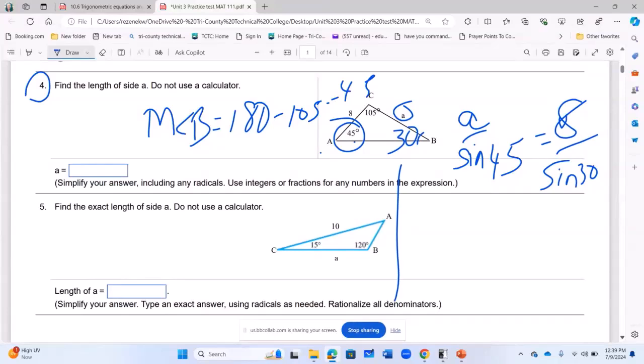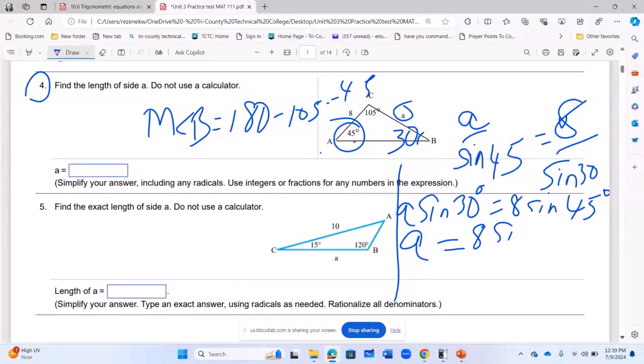When I solve for a, I will have a sine 30 equal to 8 sine 45. You know that sine 30 and sine 45, and these are in degrees by the way, are special angles. Sine 30 is 1/2. And by the way, I can just isolate a. So I have 8 sine 45 degrees all over sine 30.